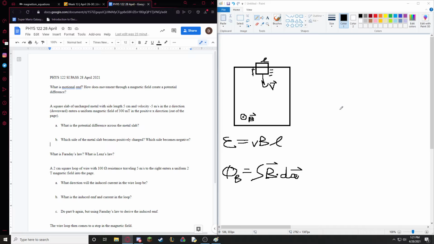How can we create a magnetic field? Think back to last week. Would it be some sort of current flow? Exactly. And what causes a current flow in a wire loop, for example? Some potential difference between two points. Exactly. And what creates the potential difference?